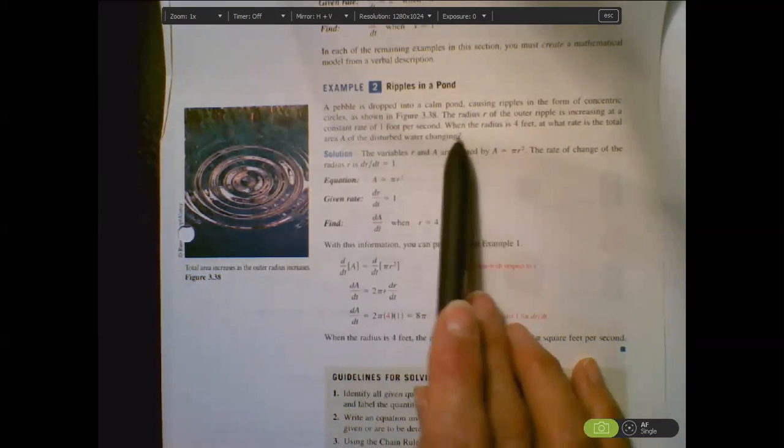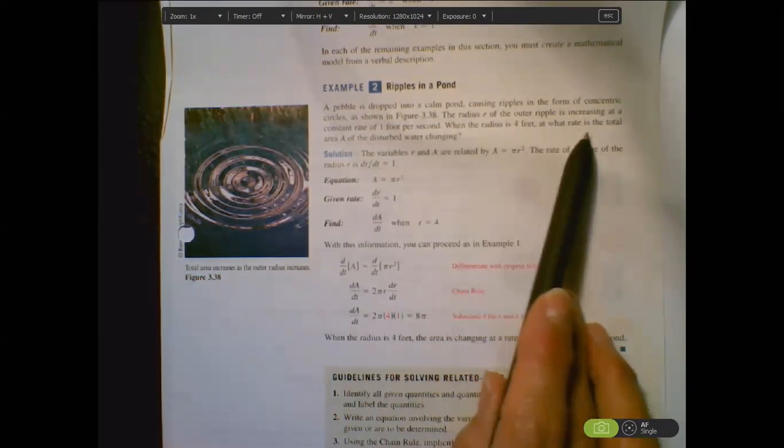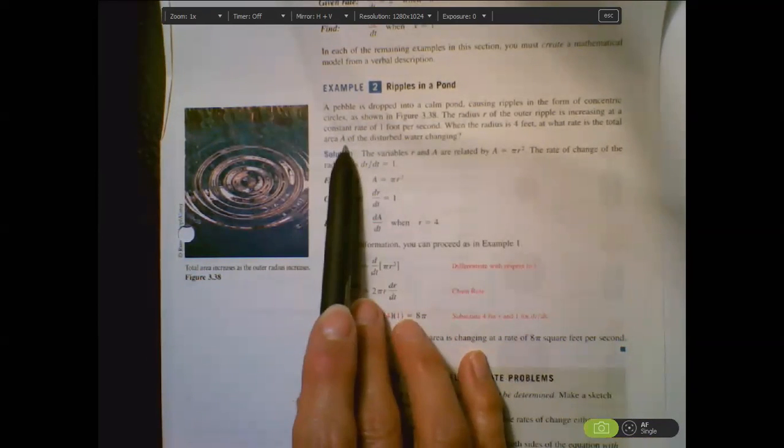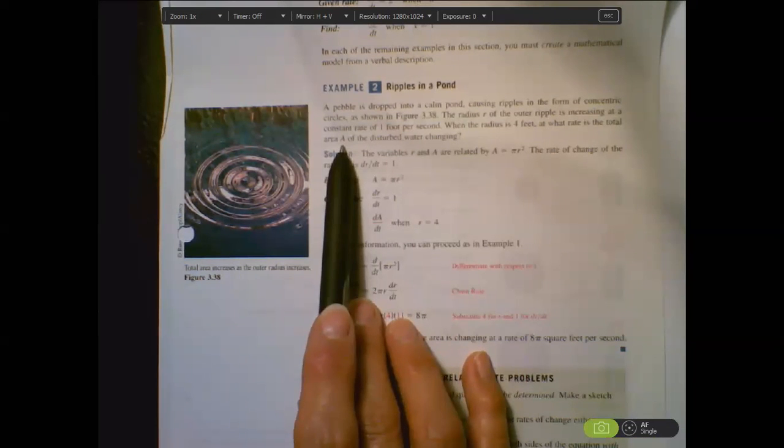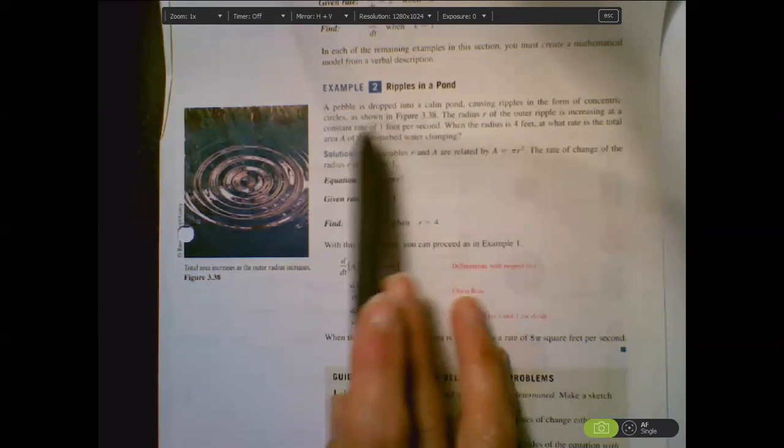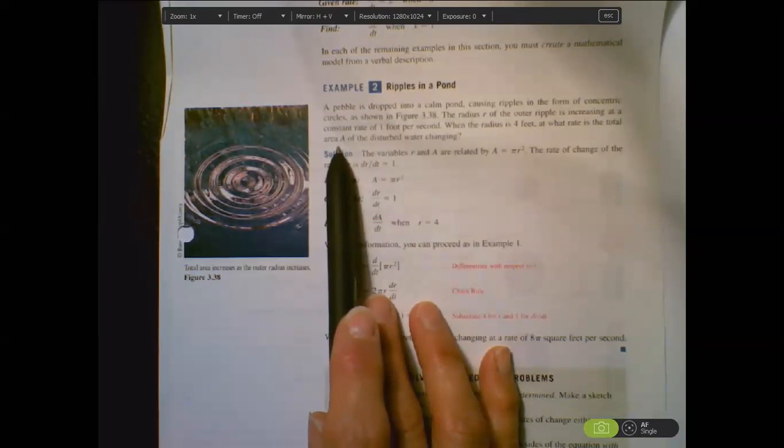And if we're asked to find at what rate the total area is changing, you have to know what symbol that's asking you to find. The rate at which the area is changing is going to be dA over dt, the change in A with respect to time.